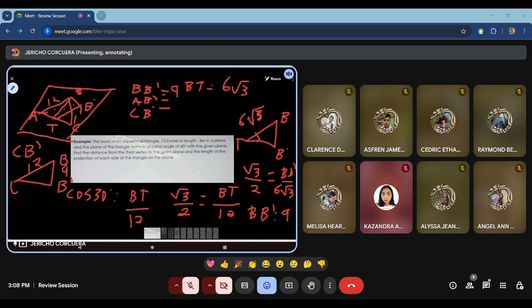Now we can do some Pythagorean theorem here: 144 minus 81. So 144 minus 81 is 63, or let's say 3 square root of 7 inches. Since they are equal, the same goes for CB prime and AB prime: 3 square root of 7.